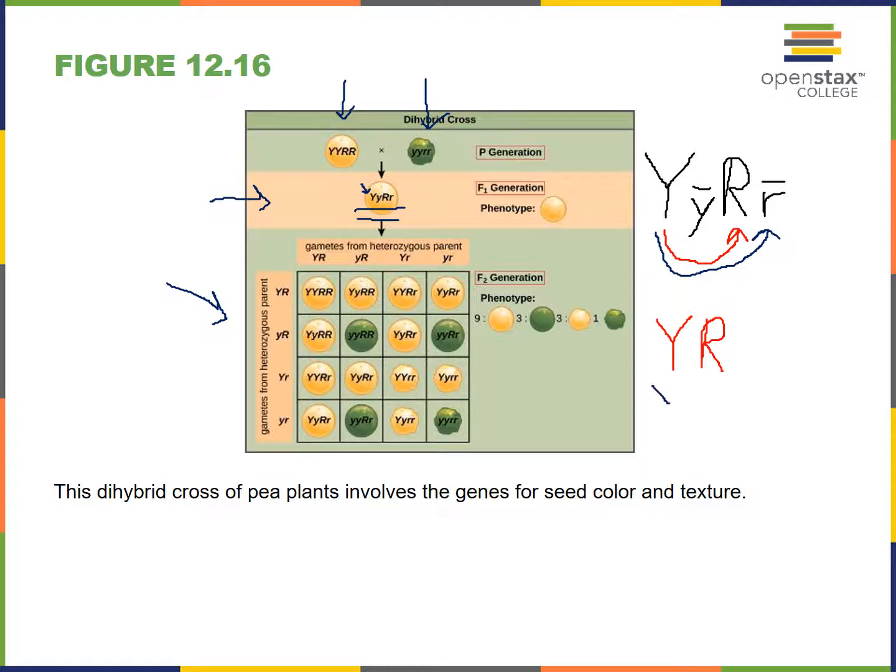So the blue one is a big Y, little r. Then I take the second copy of the first gene and mix it with the first copy of the second gene. That gives you a little y with a big R.